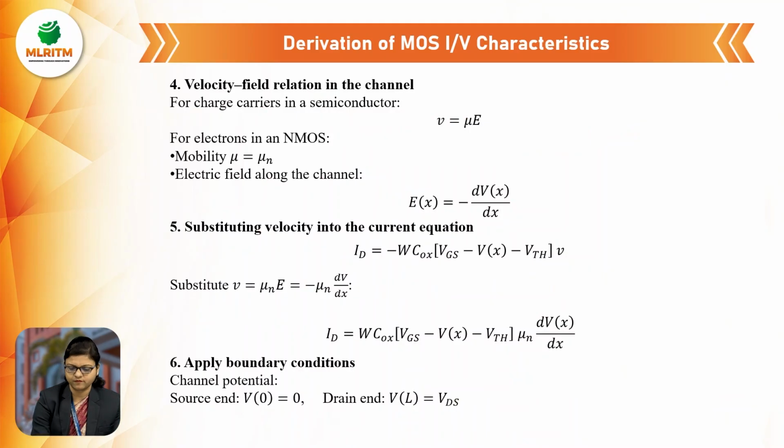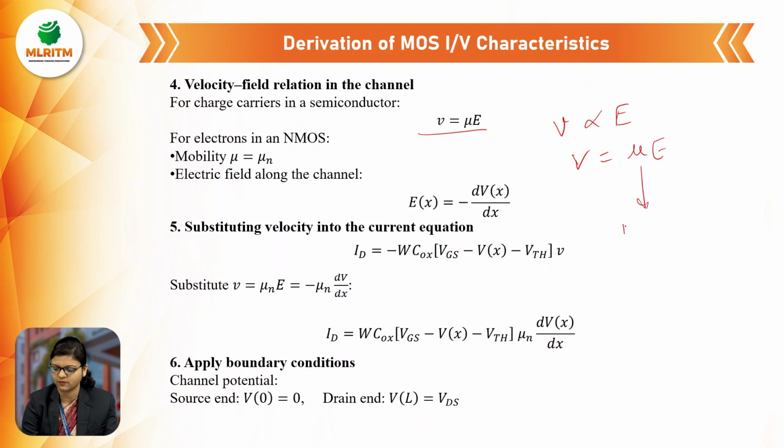Now again there is a velocity-field relationship: velocity is directly proportional to the electric field. So we can write v equals mu E, where mu is the mobility. If you are considering electrons as charge carriers you write mu n; otherwise, if holes are the charge carriers, you write mu p.